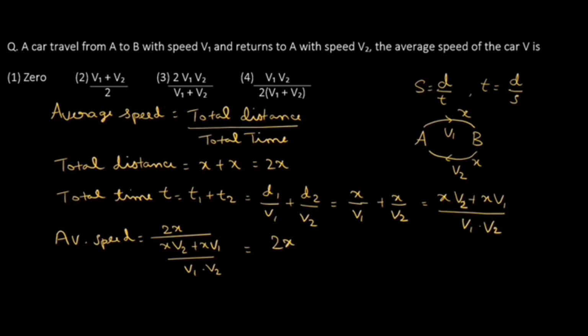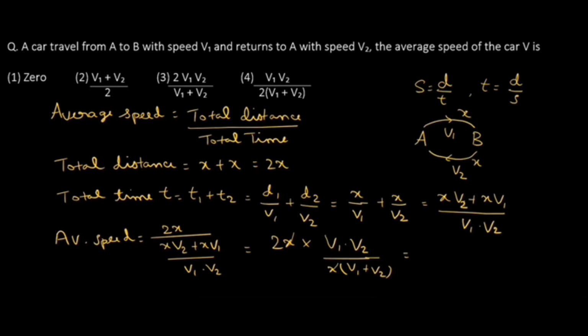So 2x multiplied by v1 dot v2 divided by x of v1 plus v2. Now we have x and x, so we can cancel them out.